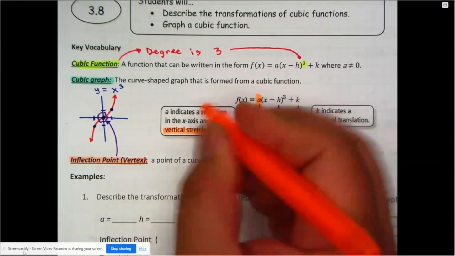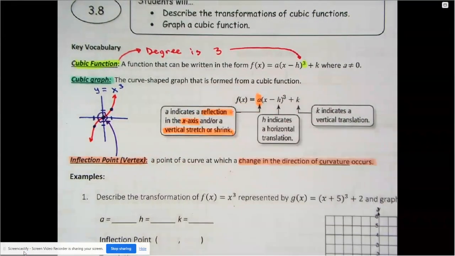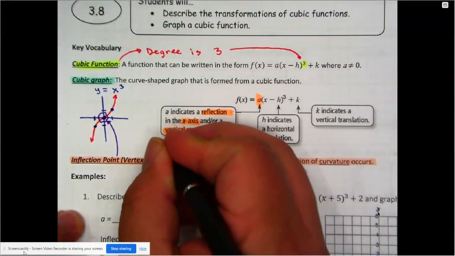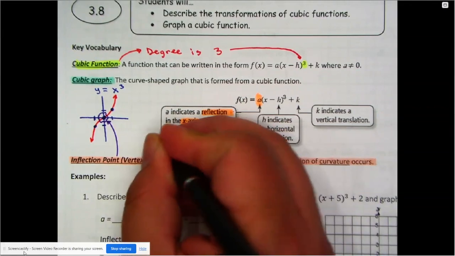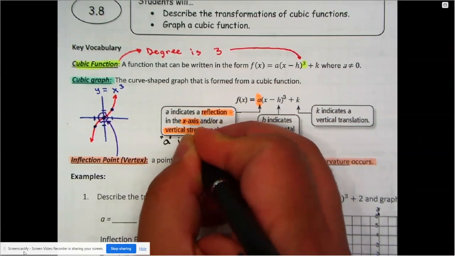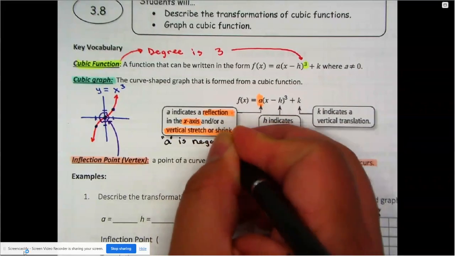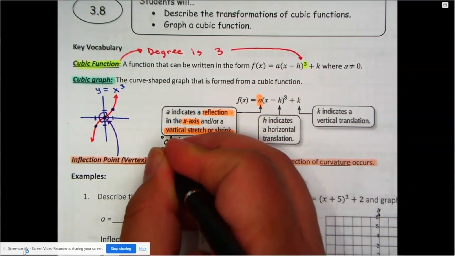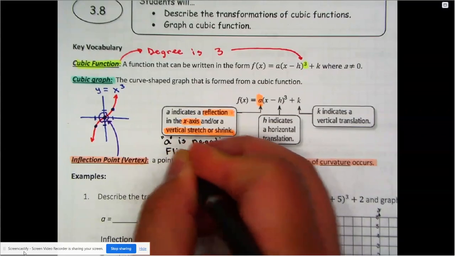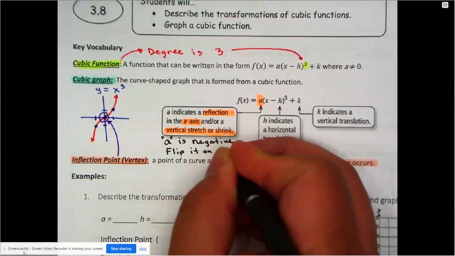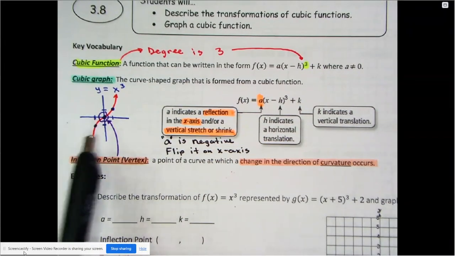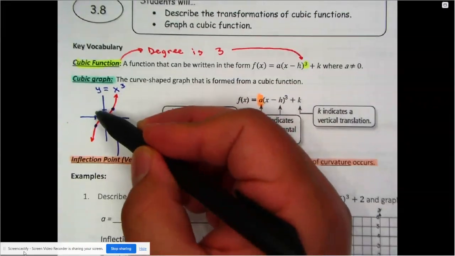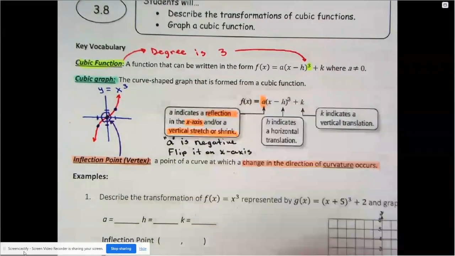So remember, if my A value is negative, then we're being told to flip it on the x-axis. Well, we've done that before. So if my parabola looks like this and it has a negative, well, then it would just be heading down in the opposite direction because of that negative.